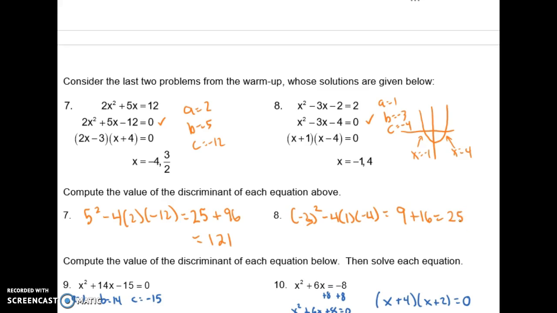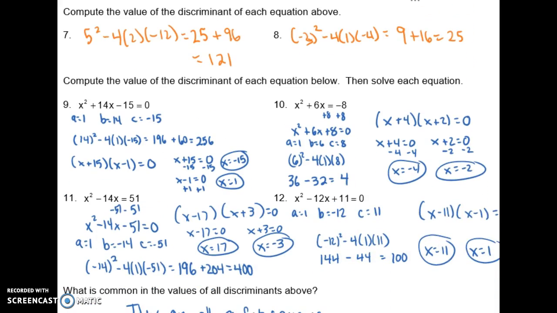Aha, so what I was interested in about 121 is I know that one's a perfect square, but so is 25. So when I've got two nice looking roots, maybe fractions, maybe whole numbers, something that's considered a rational number, it looks like my discriminant is going to be a perfect square.